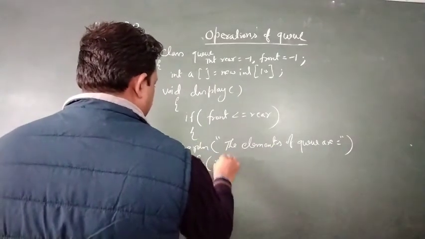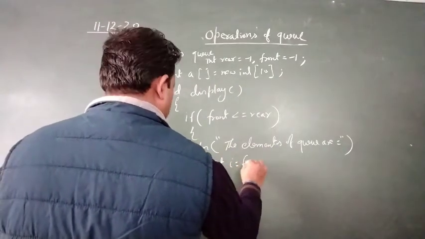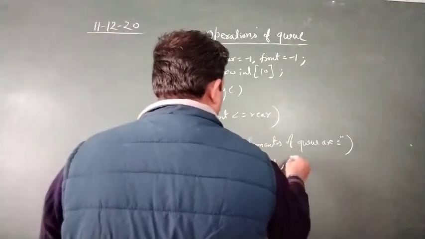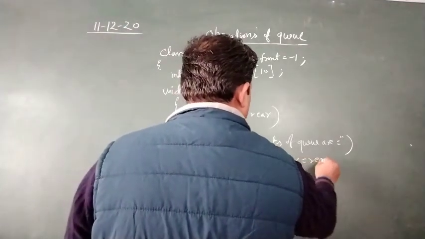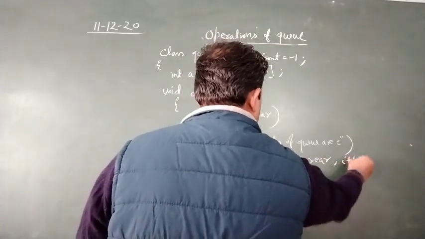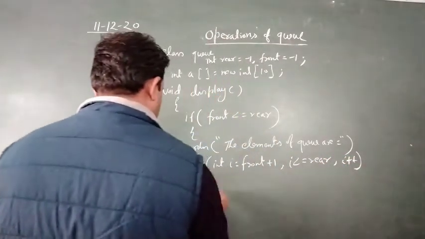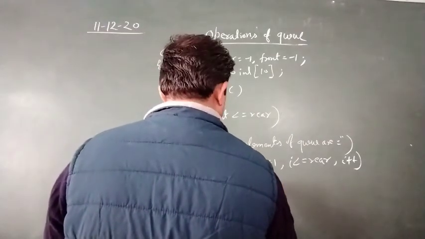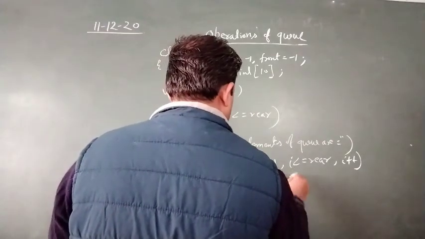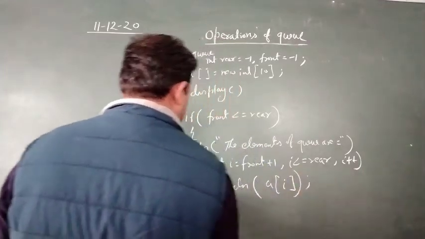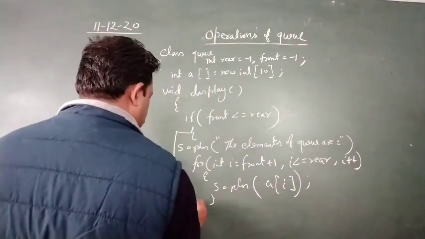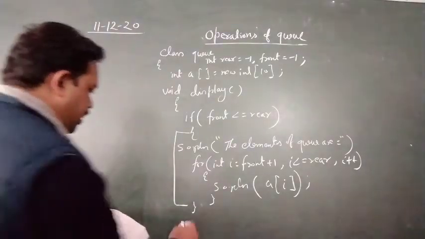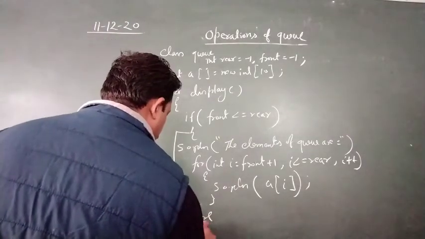For int i equal to front plus 1, and go till less than or equal to rear, i plus plus, System.out.println A of i. Closing of for, closing of if, and at last make the else part also.